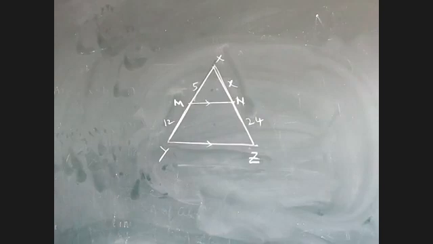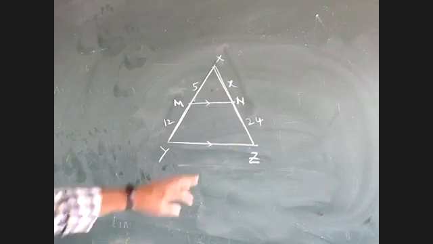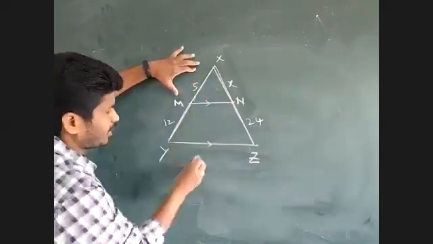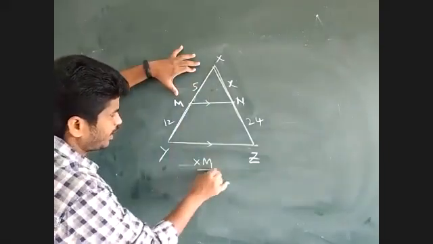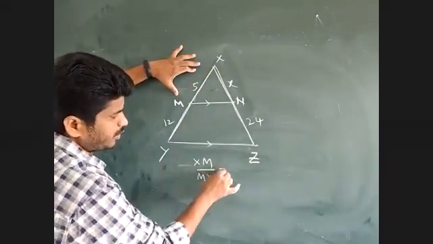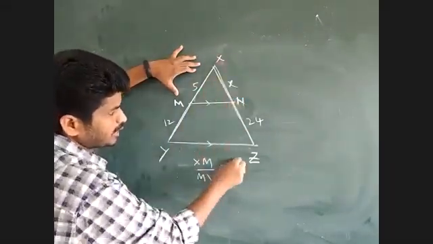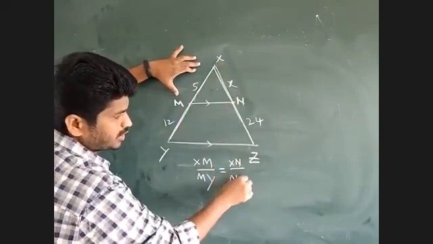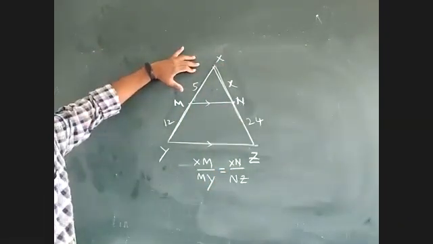By using the basic proportionality theorem, XM by MY equal to XN by NZ.